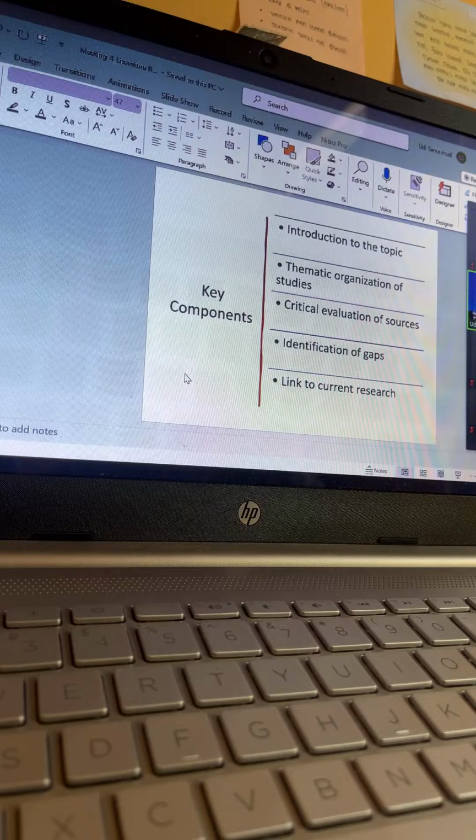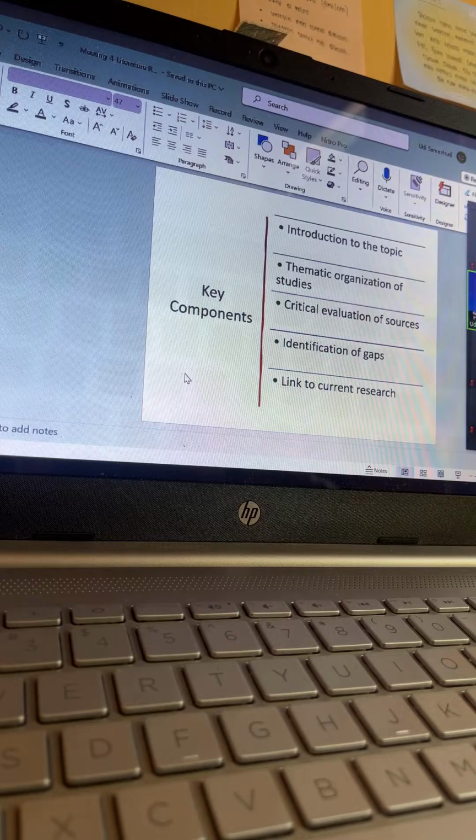And within this, there is also something called thematic organization. As I've already explained, you write a literature review mostly through the progression of themes, starting from theme A with the subtopics or sub-themes, and then theme B, and then subtopics.